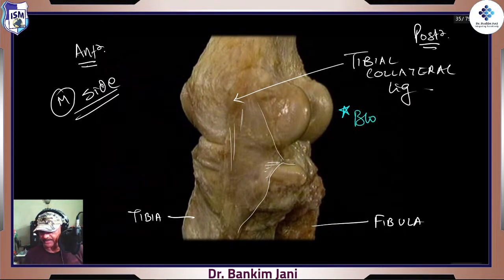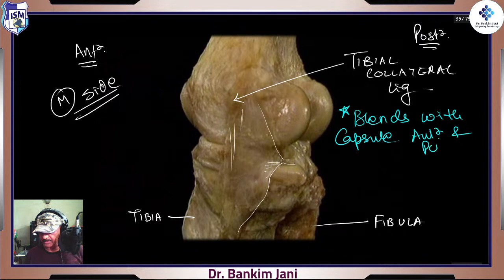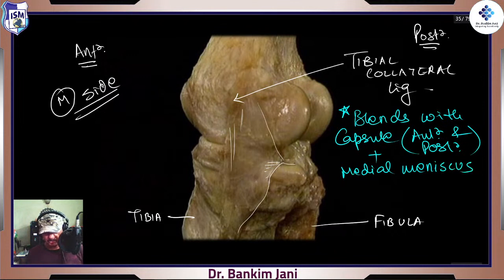So it blends with the capsule, right? Anterior and posterior, plus the medial meniscus, right? So that's where we'll see that yes, this is all blending. See over here, it is blending with the anterior capsule, right? So thus it gives good support.